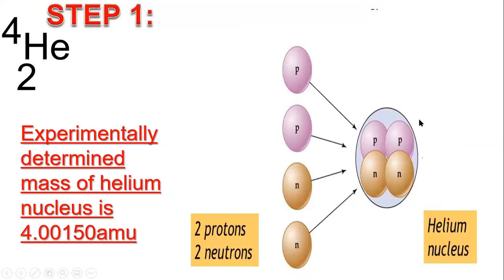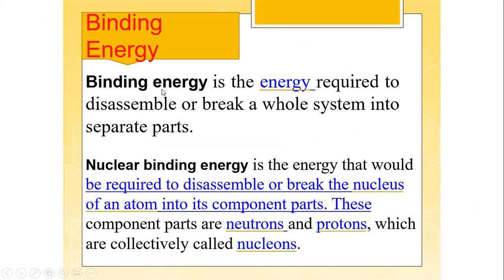It means that if a nucleus is composed of two protons and two neutrons, then the amount of energy which is required to separate all the nucleons inside the nucleus, that energy is known as the binding energy. So binding energy is the amount of energy which is required to break a whole system into separate parts.